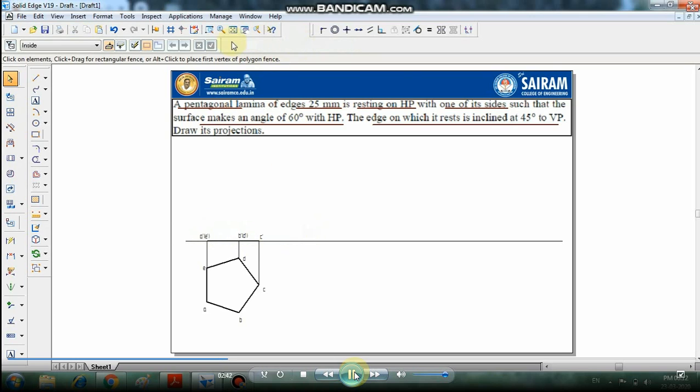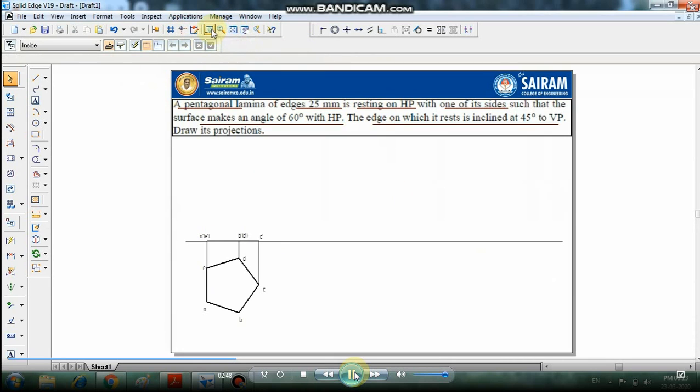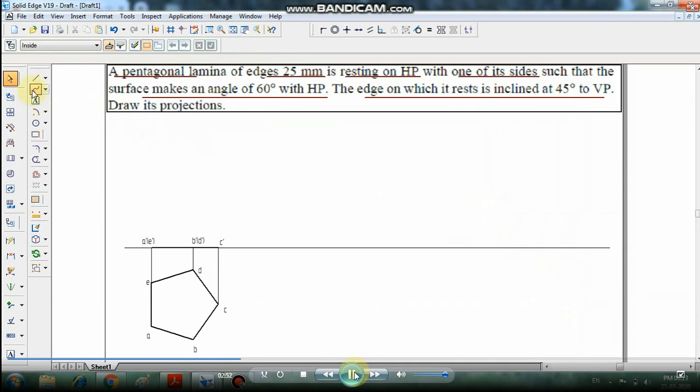Next one is the second phase. What we have to do is make the surface of the lamina make an angle of 60 degrees with HP. So the surface makes an angle of 60 degrees with HP. So we have to move this some distance and then we can rotate it by 60 degrees.